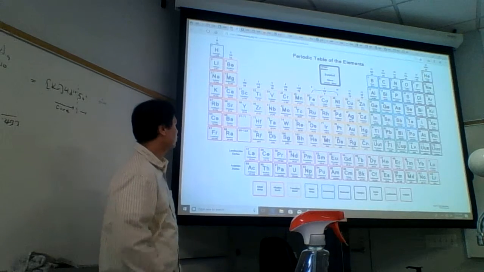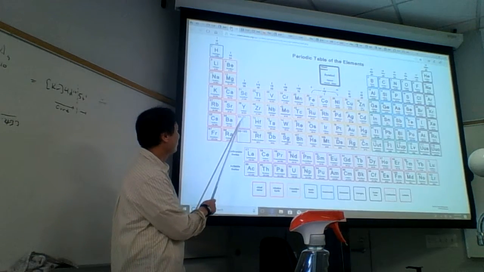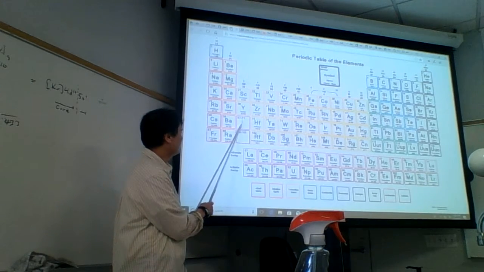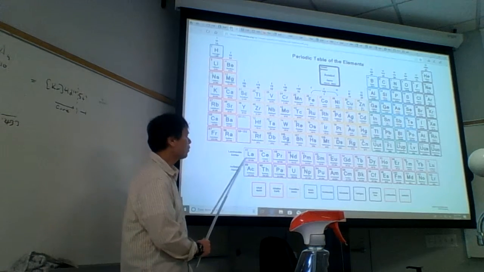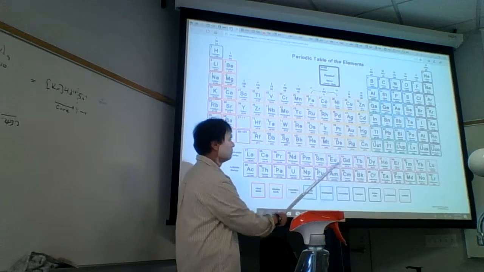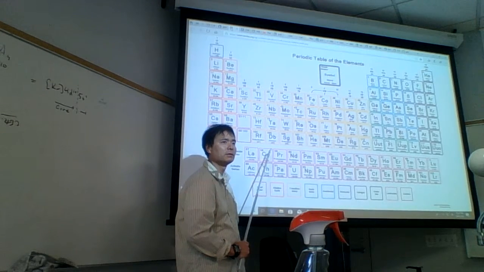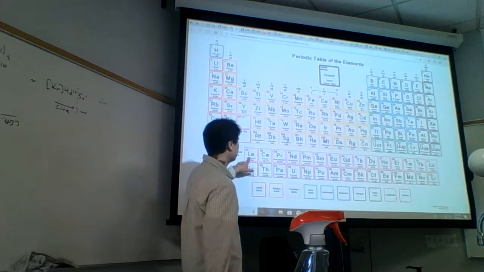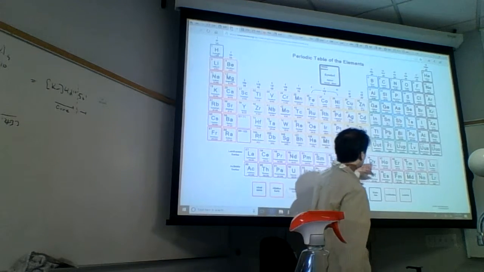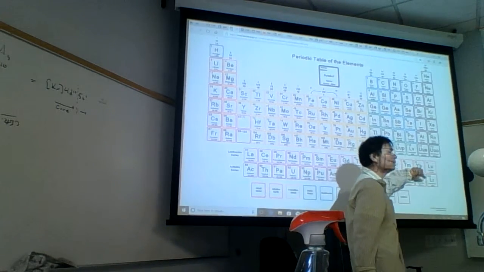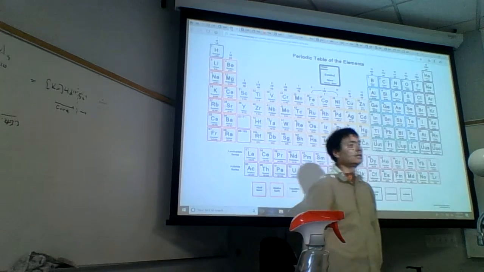But very, very tricky, because look at what happened to the 5d. There's an element missing out of the 5d. If this were 4f, how many blocks should there be? How many electrons does the 4f accept? 14. So let's count the blocks. 1, 2, 3, 4, 5, 6, 7, 8, 9, 10, 11, 12, 13, 14, 15.